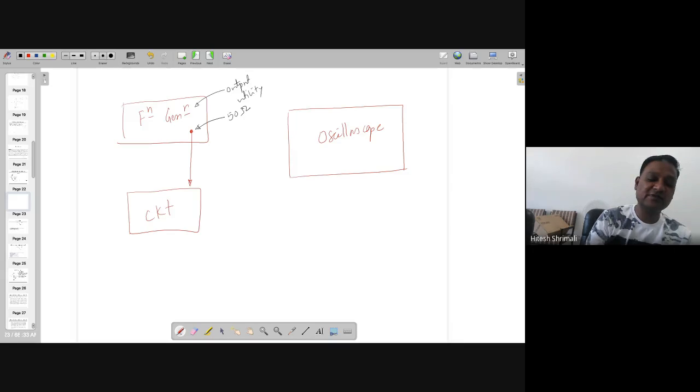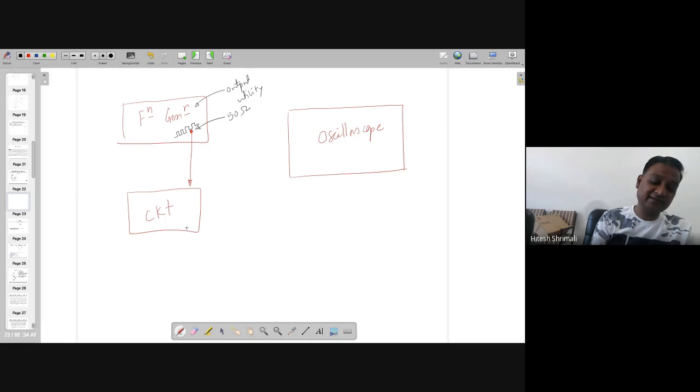You can make it 1 mega also, but the worst case condition is 50 ohm. This is a fact of the condition for BNC. I assume that from where I give my output, it's at 50 ohm, and it makes sure that, as per the maximum power transfer theorem, it can transfer the voltage. If it is not there, this particular signal will be reduced.